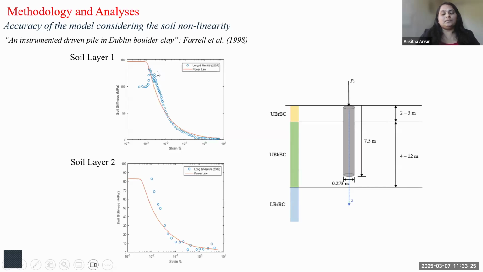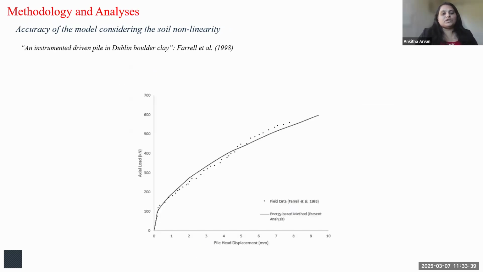The soil nonlinearity model was developed with this power law, and I adopted a similar equation for understanding the nonlinearity of clayey soils in different layers. The accuracy correlated quite well, so the MATLAB codes that I developed were working fine.